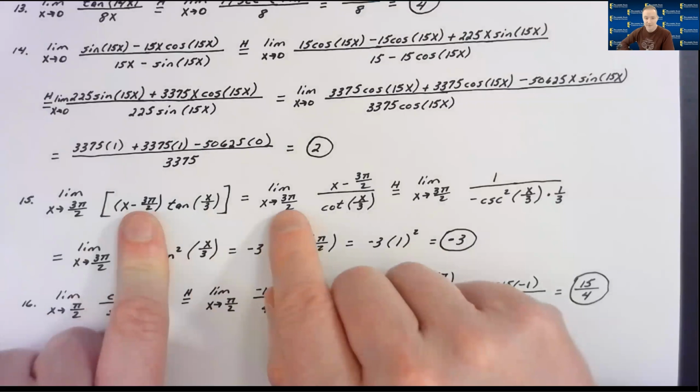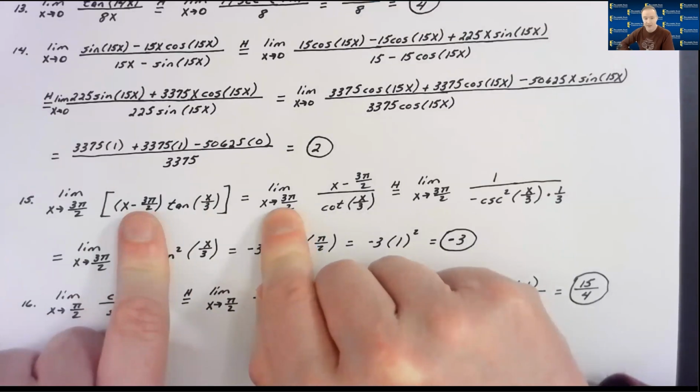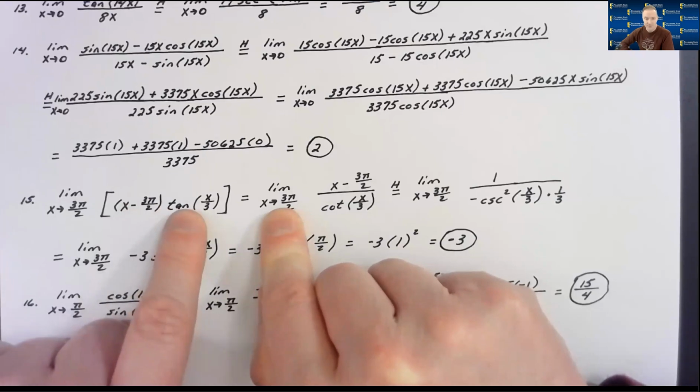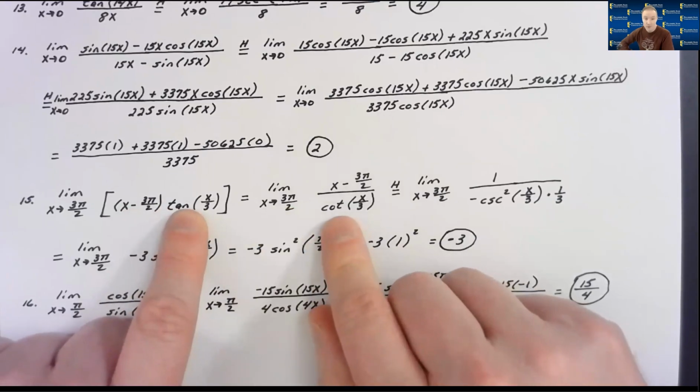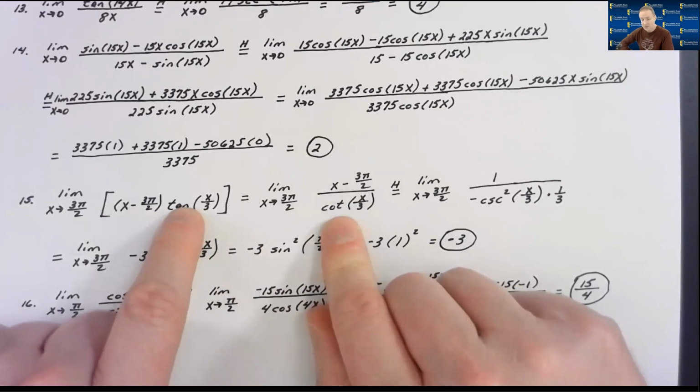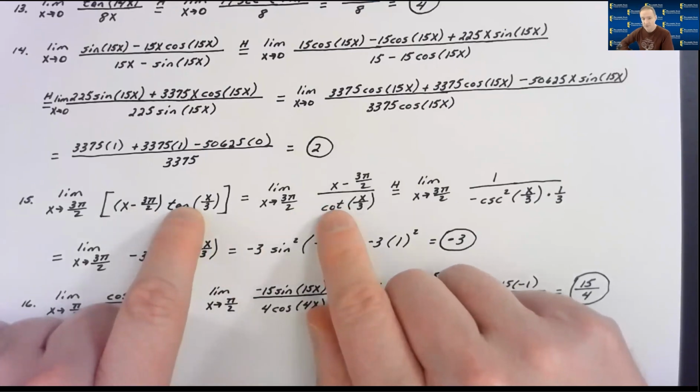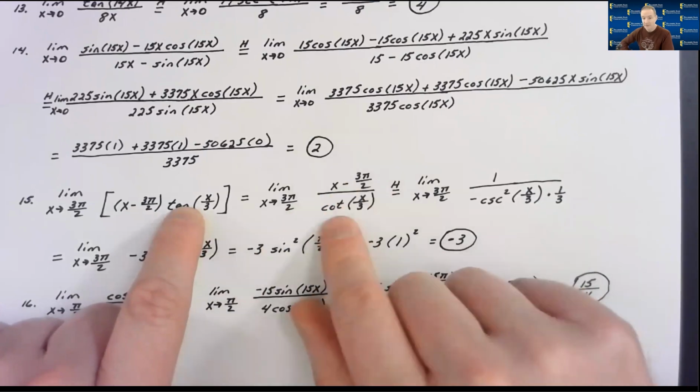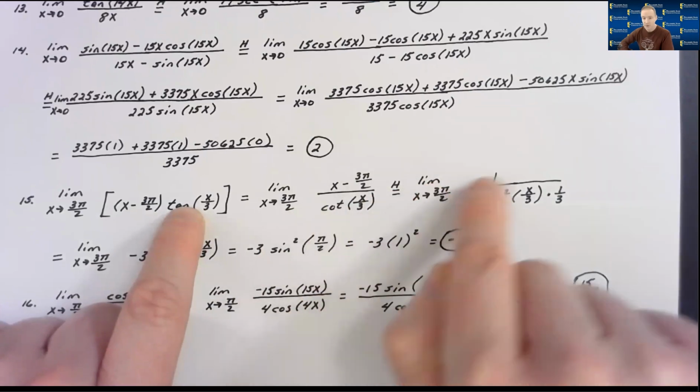In order to try to simplify this, I had to put it as a fraction. So I thought it was easier to move the trigonometric function to the denominator because I know the reciprocal of tangent is cotangent. So a factor of tangent in the numerator is equivalent to a factor of cotangent in the denominator. Now that I have it in this form, I should be able to use L'Hopital. The derivative of the numerator was simple enough.